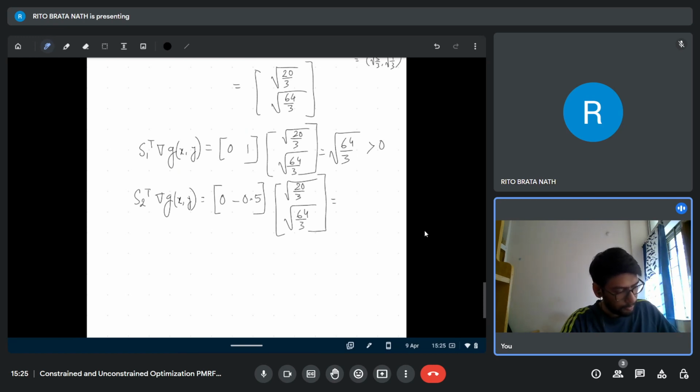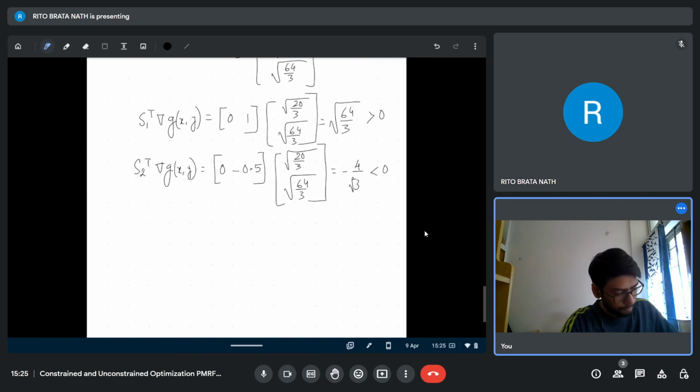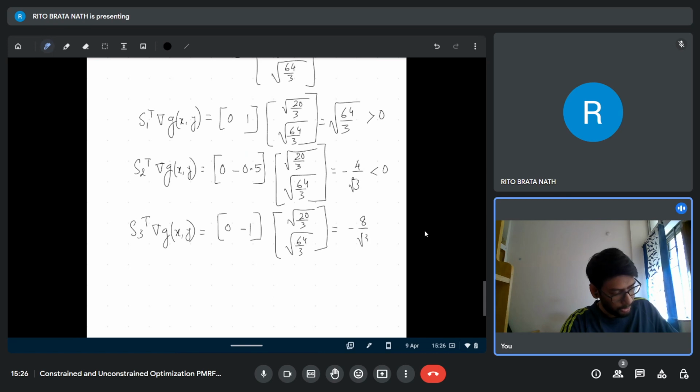So this becomes minus 4 by root 3, and this is less than 0. Next one is again 0, minus 1. So this becomes minus 8 by root 3.